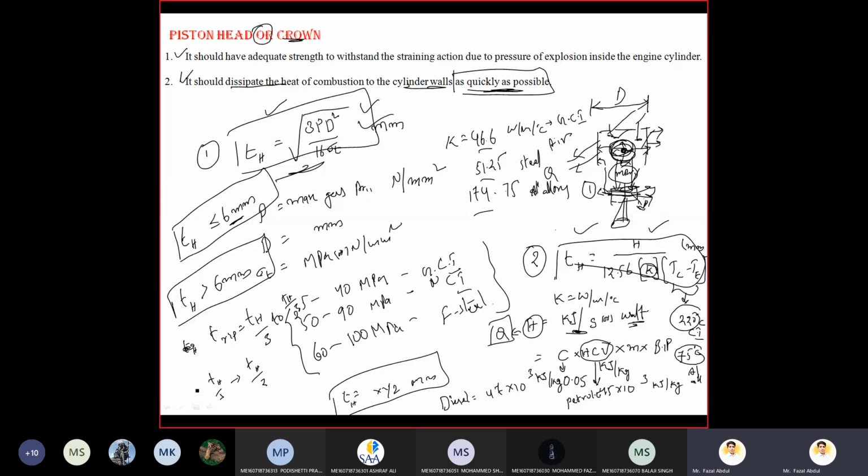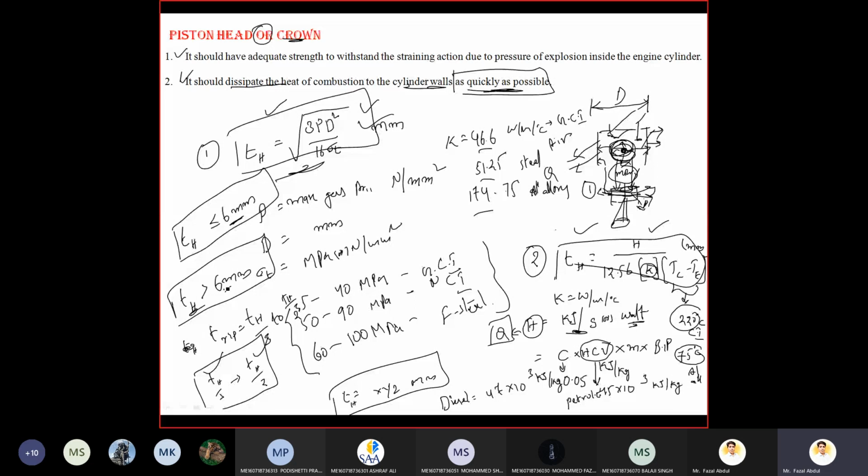So this range is given. Within this range you can select directly, or you can select the extreme value, otherwise you can select within this range. This is used to calculate the thickness of the rib. Why are we taking the ribs here? Because the thickness of the piston crown is exceeding this value.